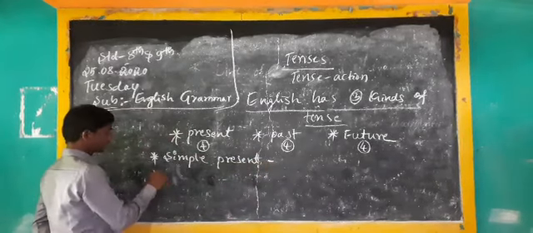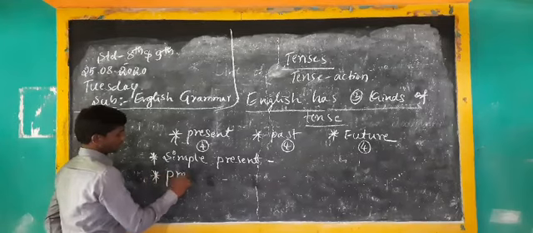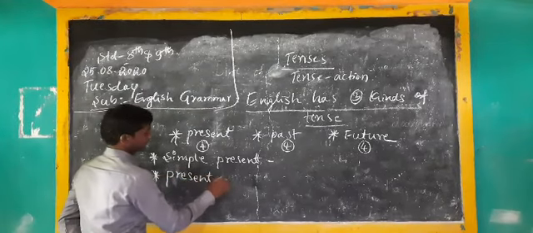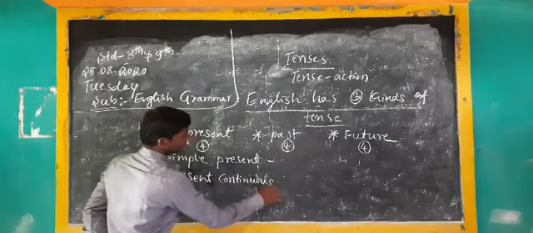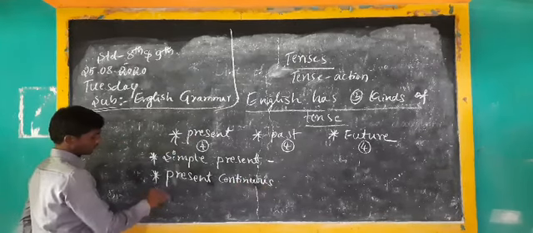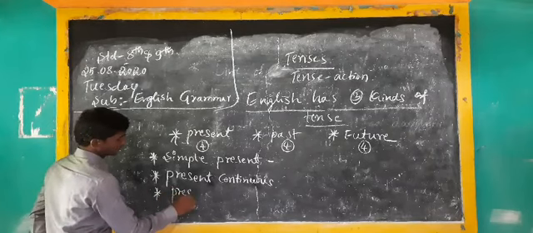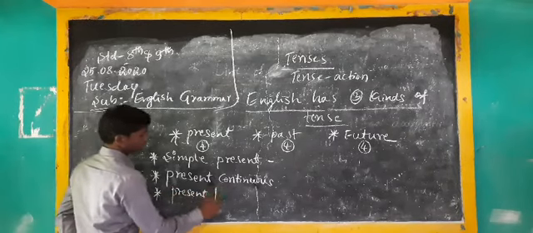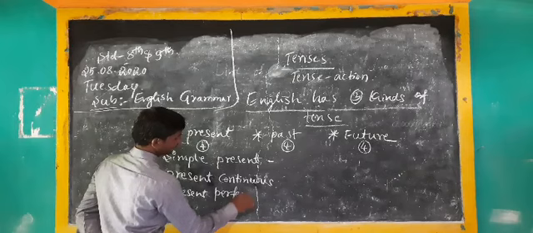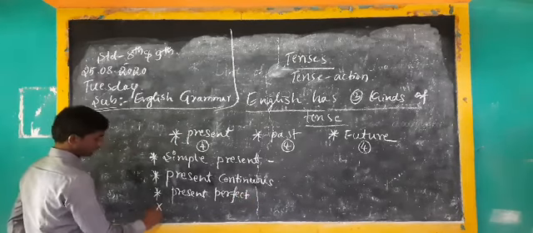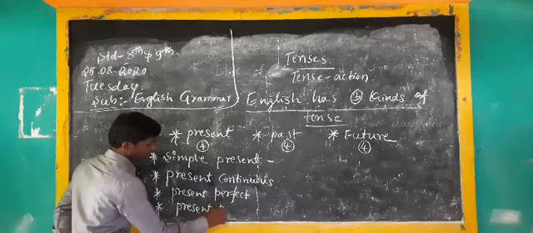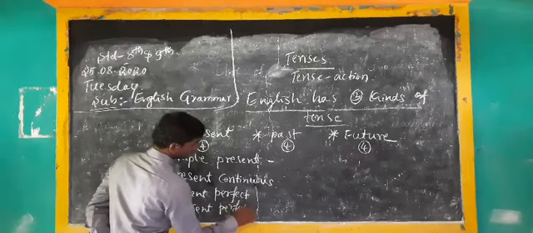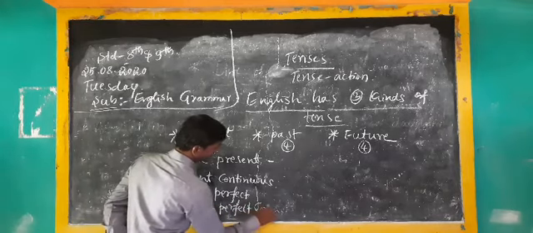The second one, present continuous tense. The third one, present perfect tense. The final one, present perfect continuous tense.